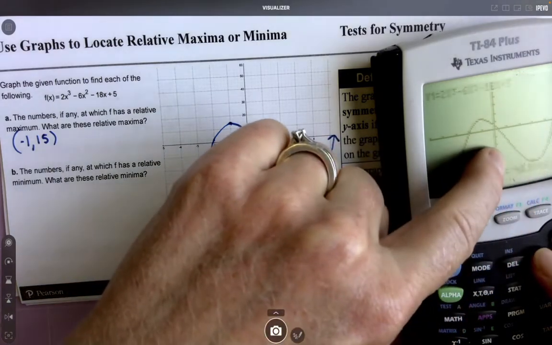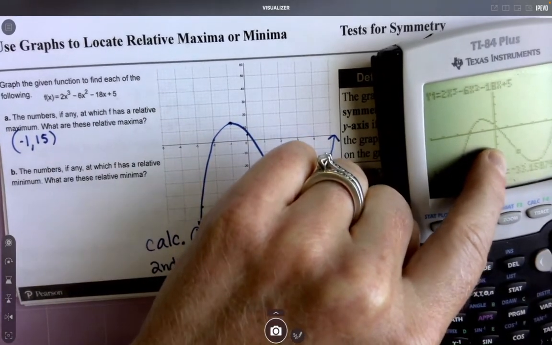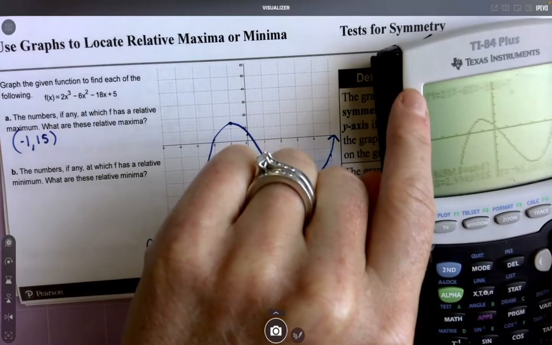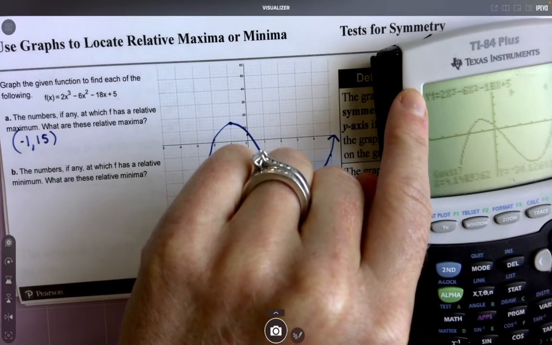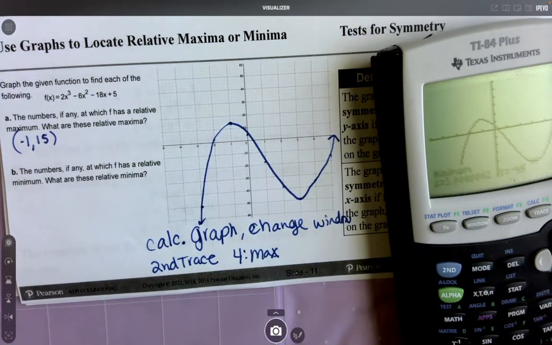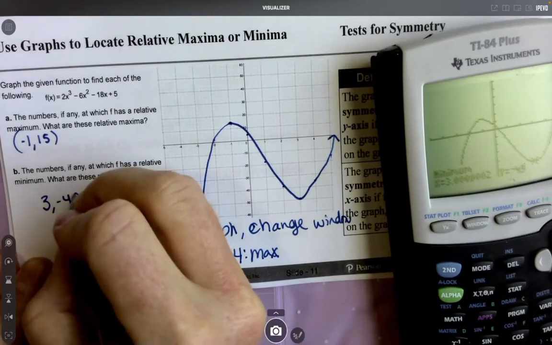So I'm going to come on this side. And it doesn't matter how far you go. I'm going to go right there. Enter, and then go to the right of our minimum. That's to the right. Guess, enter. 3, -49.